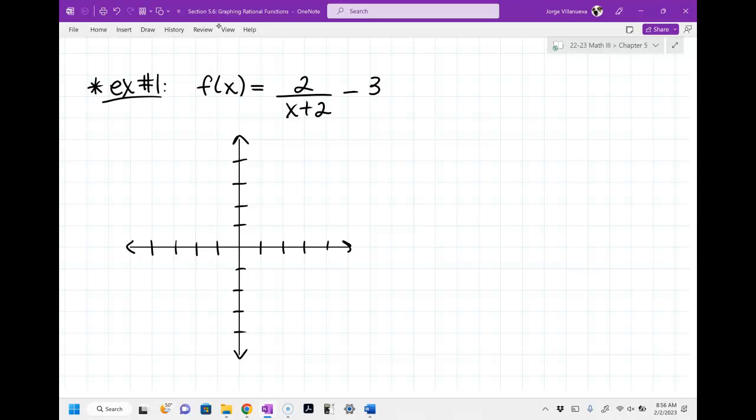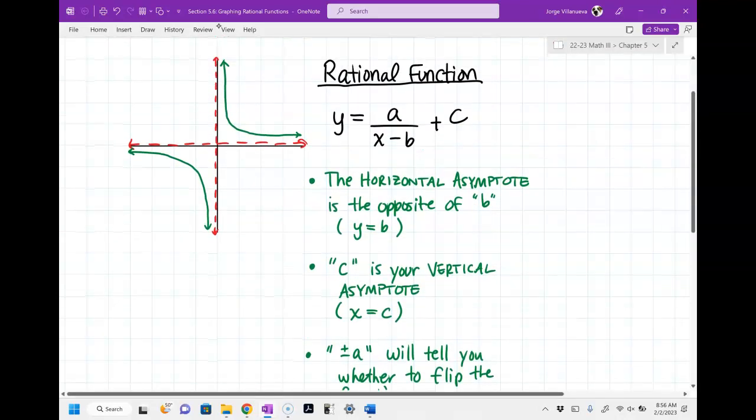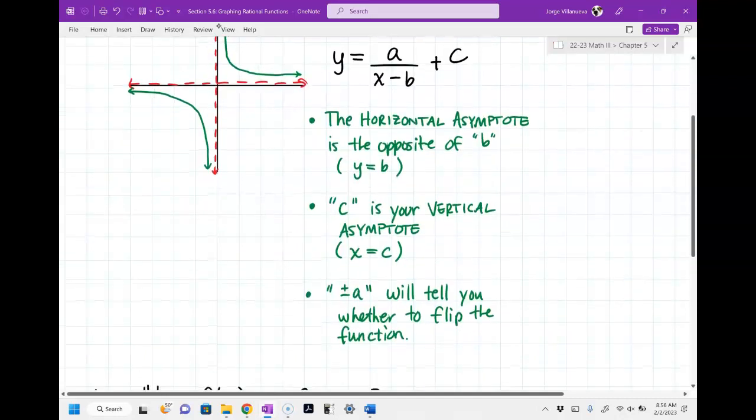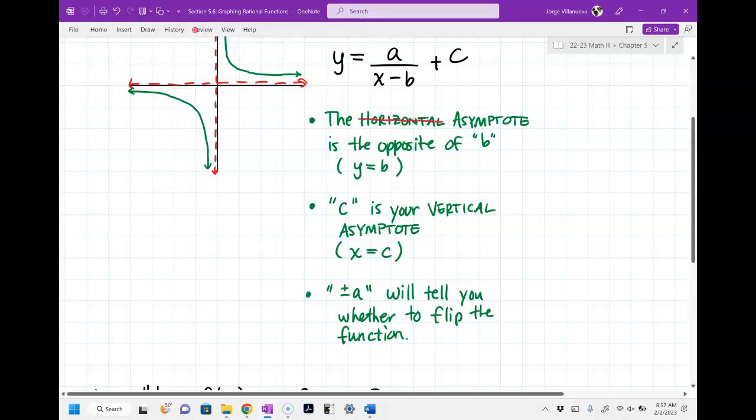So what's my horizontal asymptote? Wait, did I label this right? Oh man, I didn't. I said that out loud and I'm like, what? That doesn't make sense. Do me a favor, I'm going to erase. I just realized I put the wrong word. This one is vertical, my apologies.